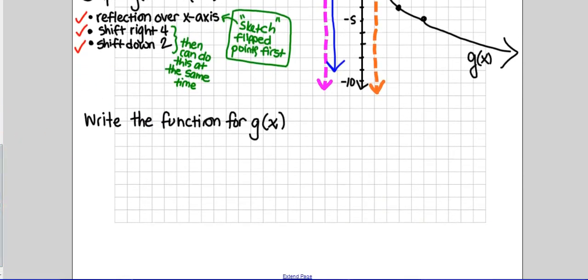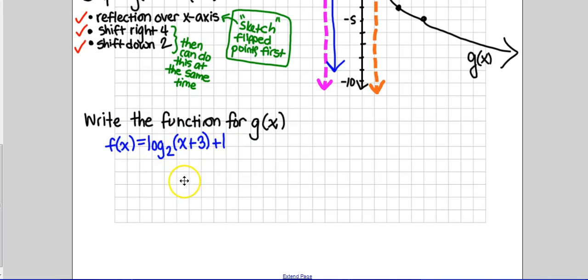So our starting function was f of x equals log base 2 of x plus 3 plus 1. This is what we started with. This was the given. We applied the transformations to this graph.